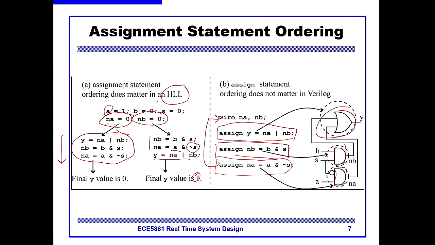However, this high-level language is sequential processing. You do one statement followed by the next, followed by the next. So you've lost that idea of concurrency that's in hardware. All right, so I do not want you thinking of Verilog as a programming language. It is not a programming language at all.